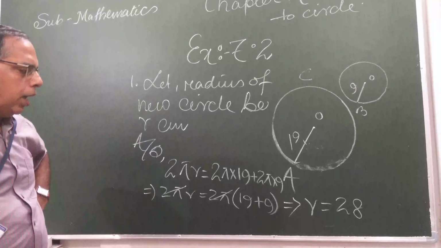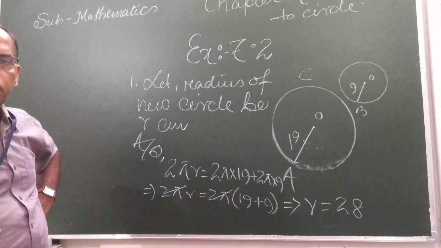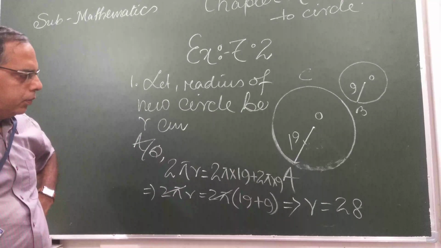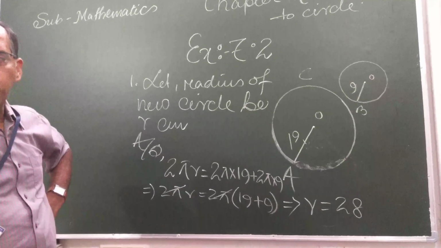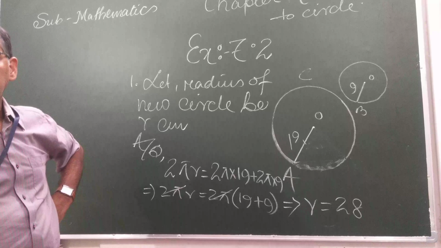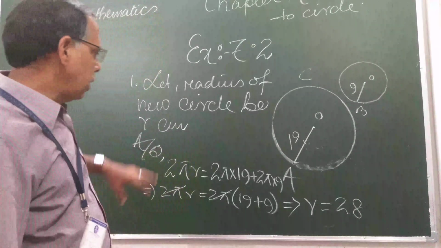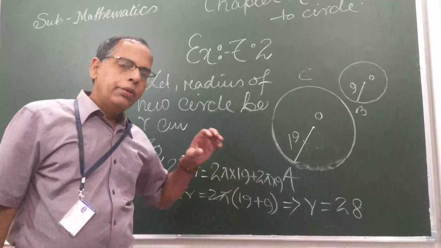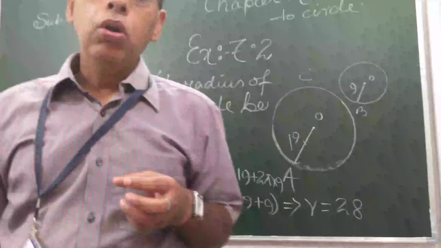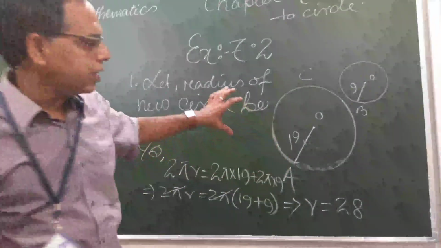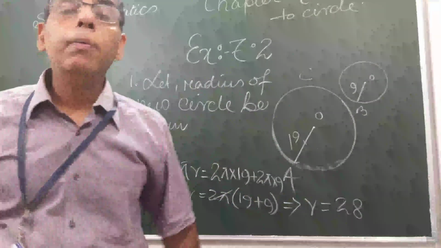Clear? Did you understand? I hope you have understood how to find the radius of the circle combined from the two given circles. Now the next one: here it was circumference, in the next one area is given.